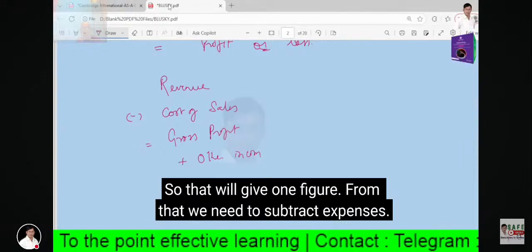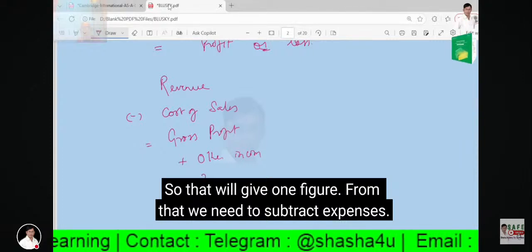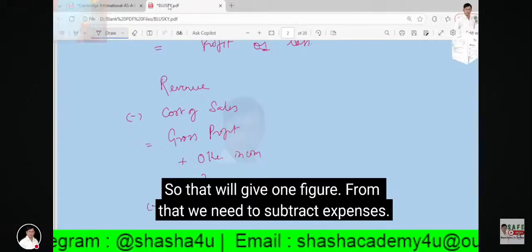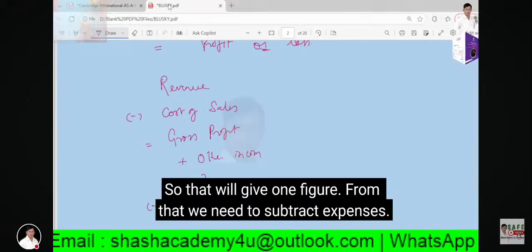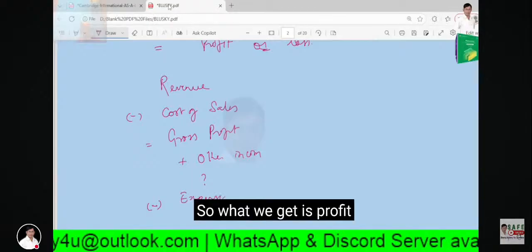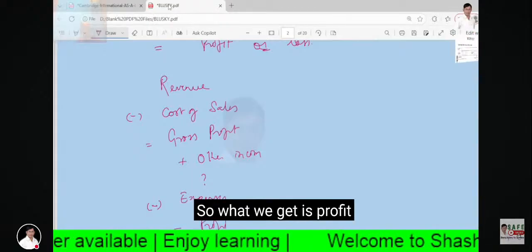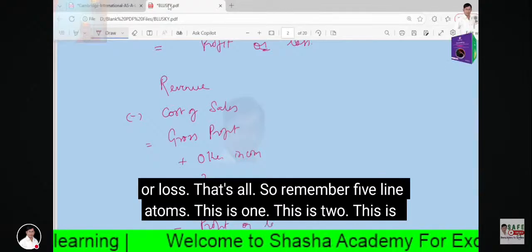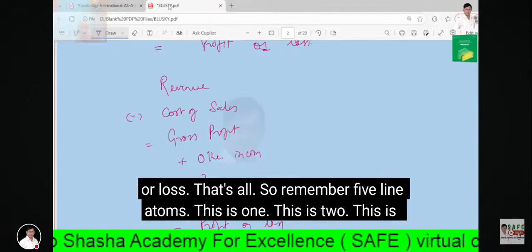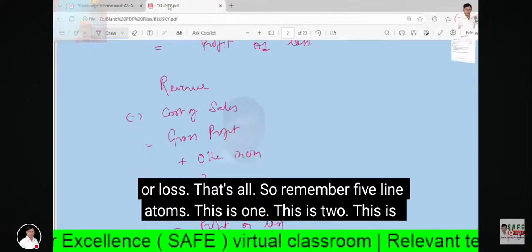That will give one figure. From that we need to subtract expenses. What we get is profit or loss. That's all. So remember the line items.